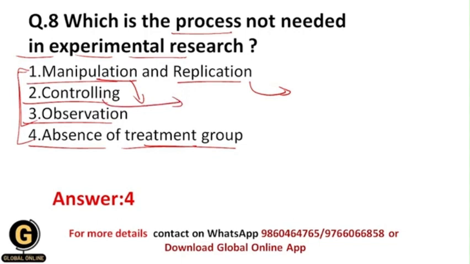Controlling means that you are going to be having a controlling on all the aspects of the variables, apart from the variable which is under study. Then observation means you are going to observe the variables, you are going to observe the measurements, everything. So all of these processes are important in the experimental research, and that's why the correct answer is 4.